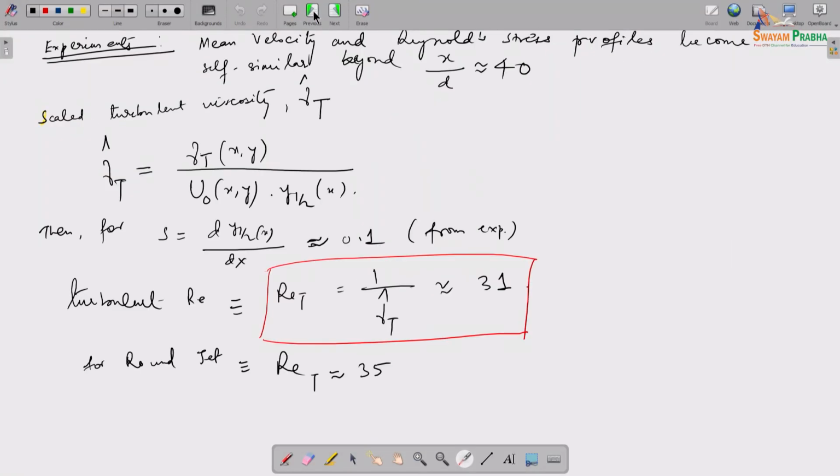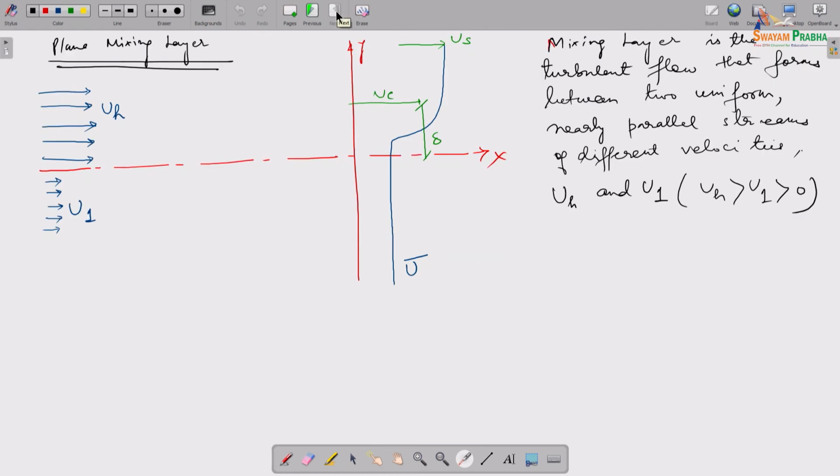Let me first write out the first thing, then we'll say a few things. So for an example of this, where can I find a plane mixing layer? Does it ring a bell, or is it giving you some ideas? Where do you think I could see a plane mixing layer?